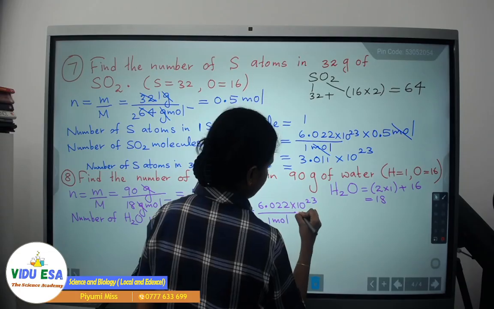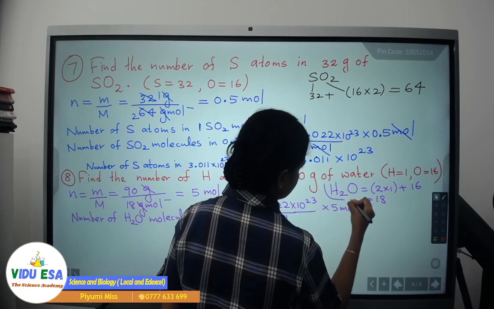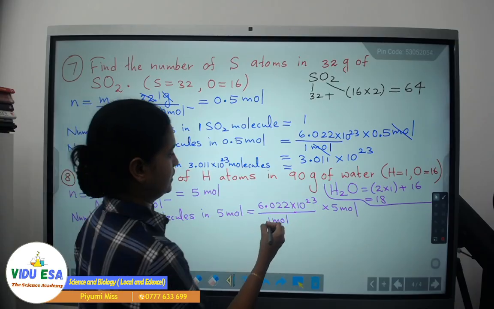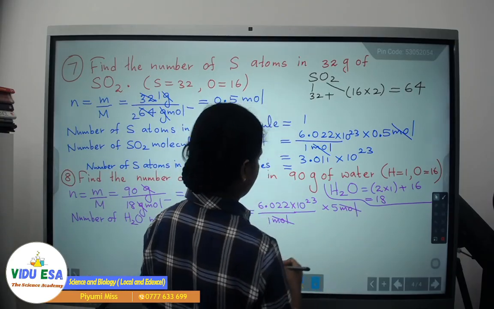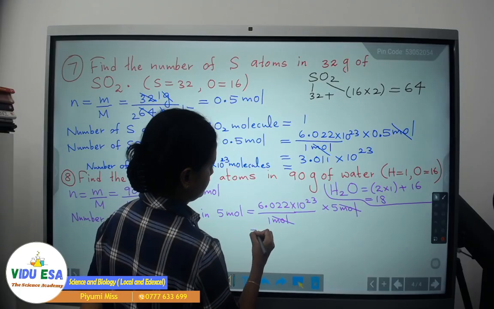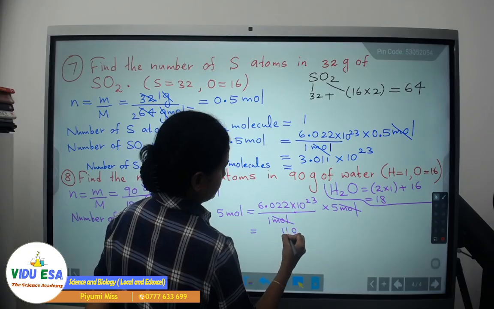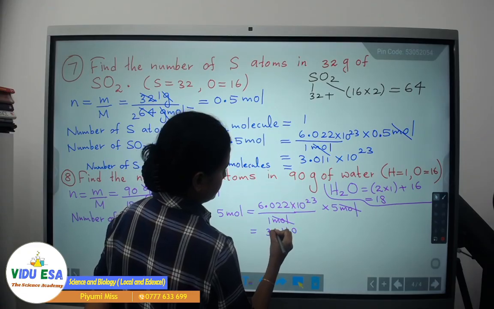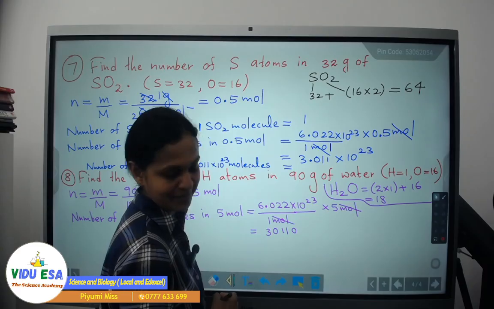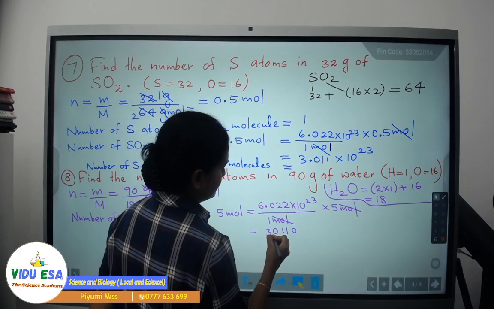Therefore, in 5 moles, how many molecules are there? Then Avogadro constant multiplied by 5. Then how much is it? 30.110, isn't it? 30.110 into 10 to the power 23.